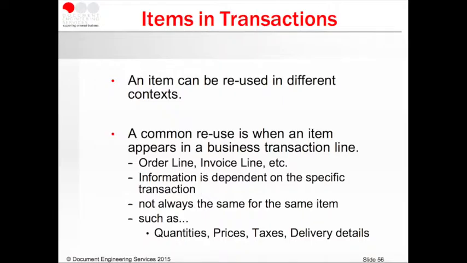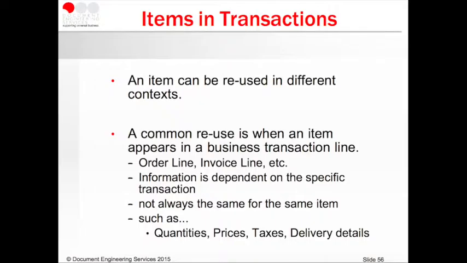The way that items are used in a business transaction also affects the amount of information we need. So items can be reused in different contexts, and a typical case is where you're describing an item in terms of an order, or in terms of an invoice, or in terms of a catalogue, and there is different information.